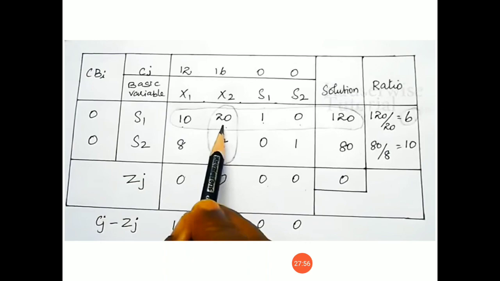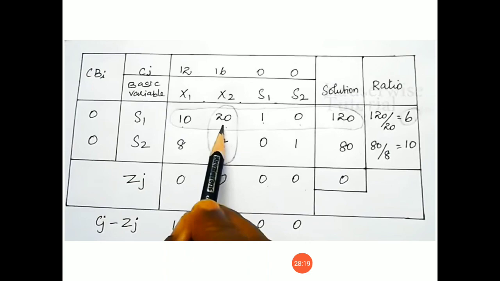So I will be dividing by 20. 10 divided by 20 is 1 by 2. 20 divided by 20 is 1. 1 divided by 20 is 1 by 20. 0 divided by 20 is 0. And 120 divided by 20 is 6.